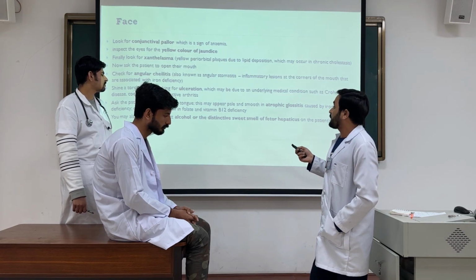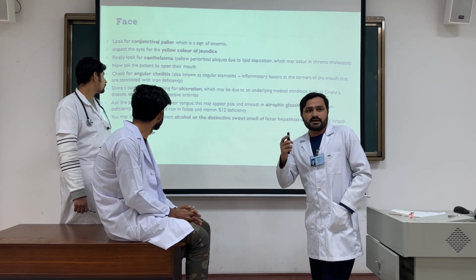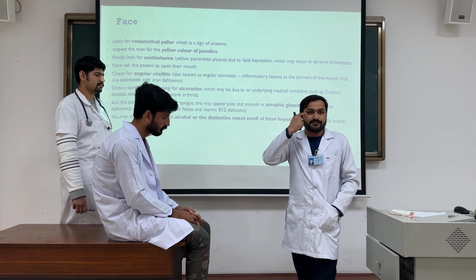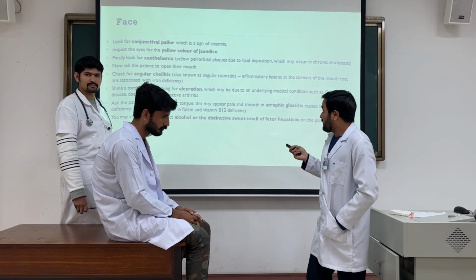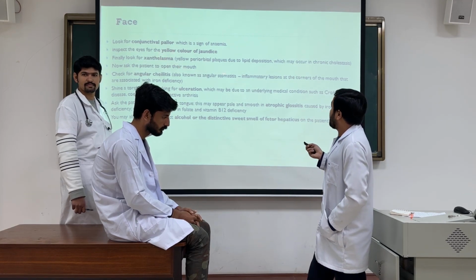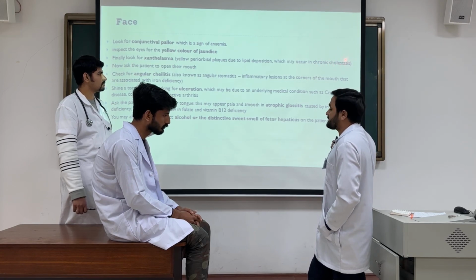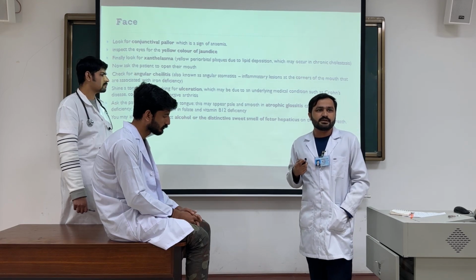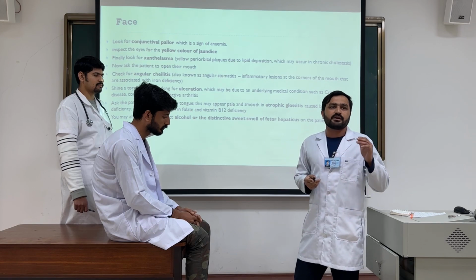After this, we will look for xanthelasma. Xanthelasma means there is a yellowish growth on the lid of our eyes. What does it mean? It is due to deposition of lipids, which may occur in chronic cholestasis. What is chronic cholestasis? Cholestasis means there is a blockage in the movement of bile.